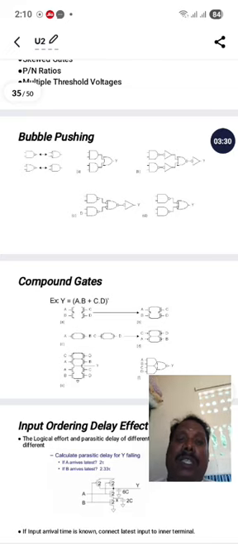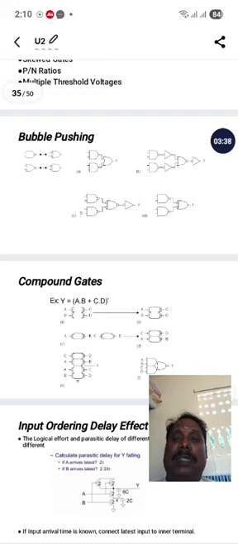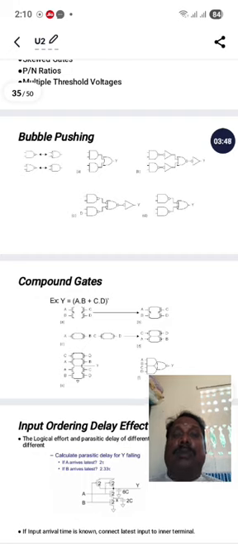Here I am going to implement the bubble concept. As mentioned in the left side diagram, the bubbles are kept at the NAND gate. Similarly, whenever you put bubbles at the output, an inverter has to be used between the terminals. This is a rule. So I put an inverter, and the bubble and the inverter cancel, and finally you get the AND gate.